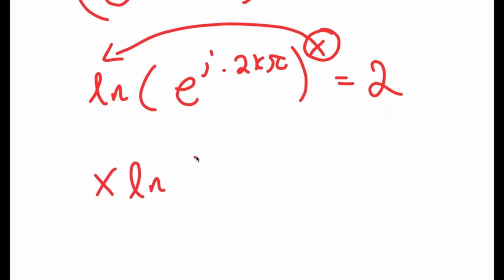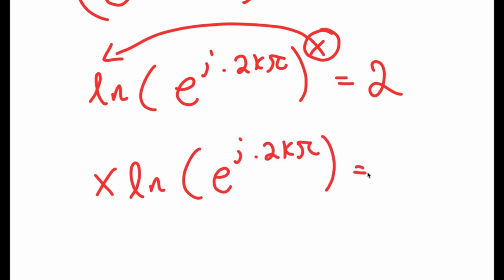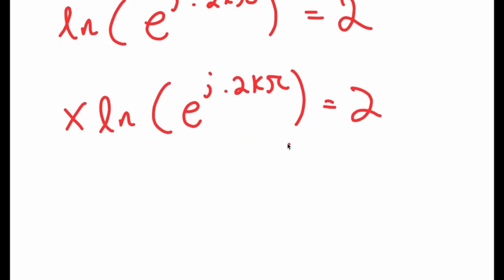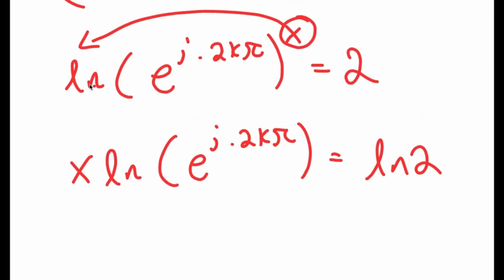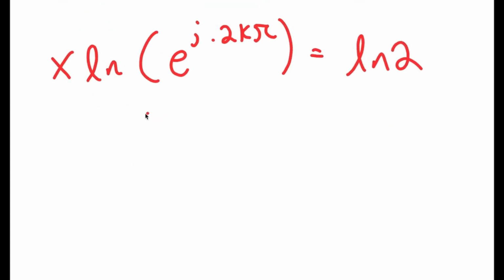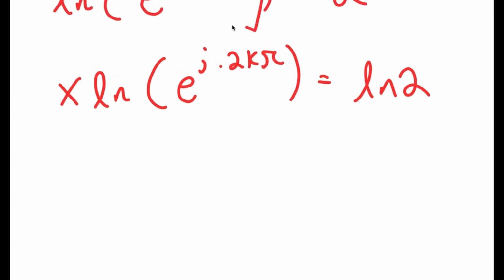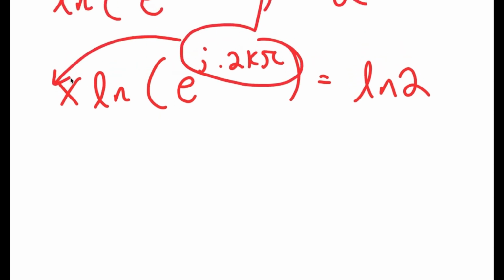So I have ln of e to the power of i times 2k pi, all to the power of x, is equal to ln of 2. So I'm going to now bring this x down using the property of natural logarithms. So I get x times ln e to the power of i times 2k pi is equal to ln of 2, because if you take ln on one side, you have to do the other side. And now I can also move i times 2k pi to the front.